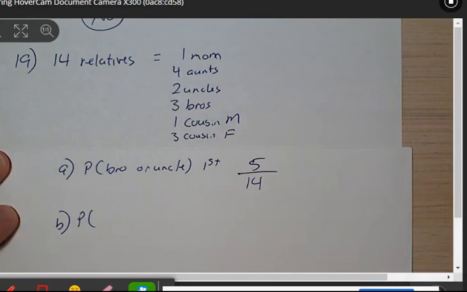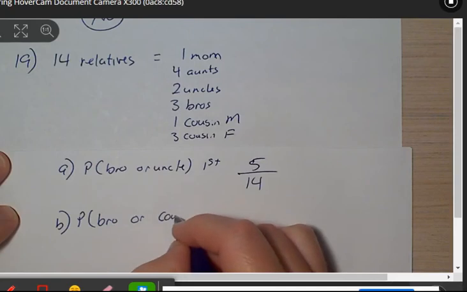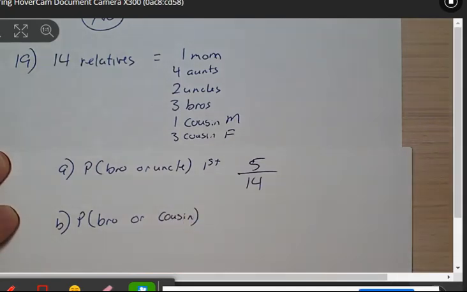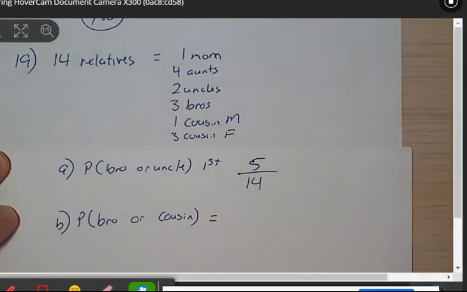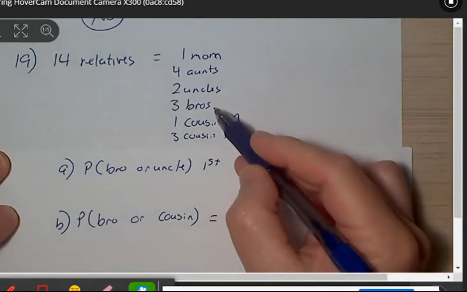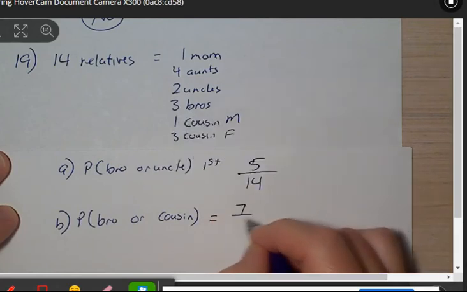Okay, for B, probability of a brother or a cousin. It didn't say male or female, so then any of them would be fine in that case. So we've got three brothers, we've got four cousins total, so that's 7 out of 14.